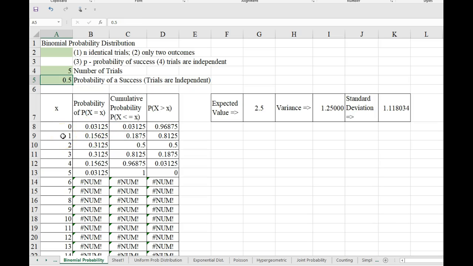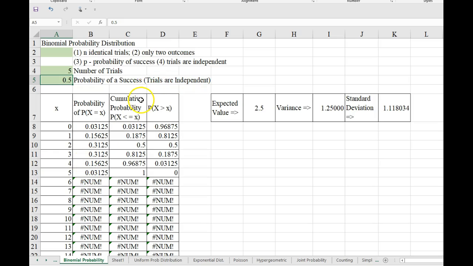The probability of having exactly one boy, 0.15625. 2 boys, etc. And what's interesting is that you see that the probability of having 5 boys is the same as the probability of having no boys. So it's symmetrical in that respect.